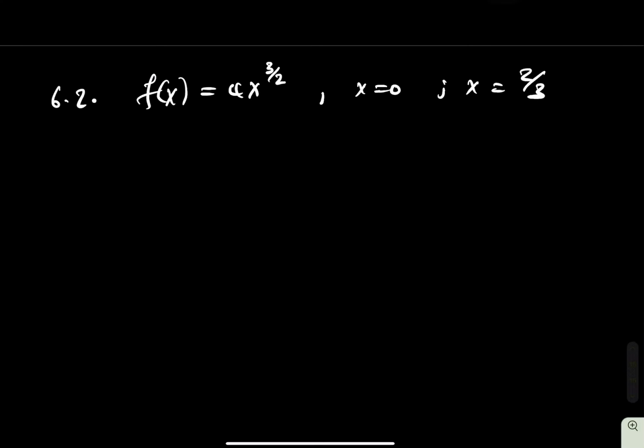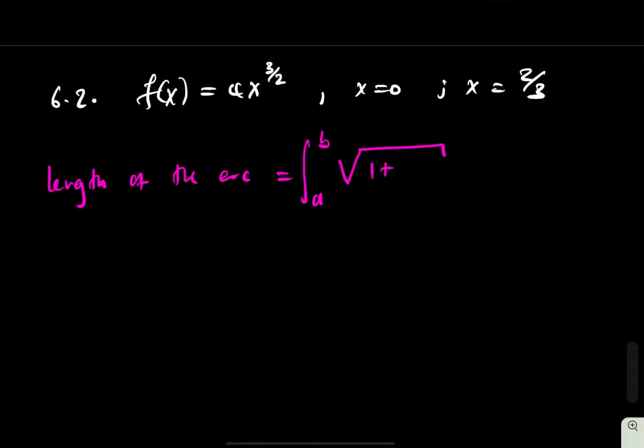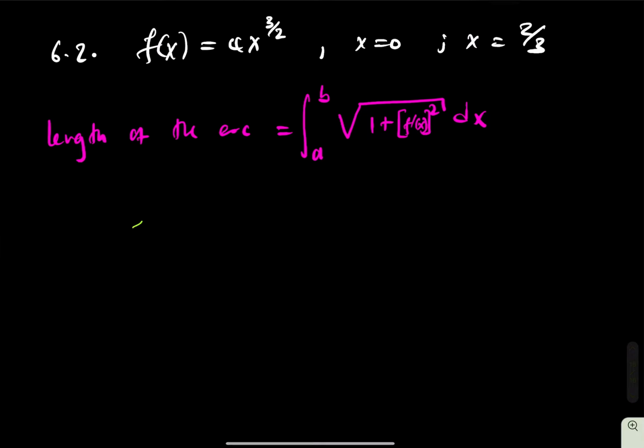So I'm going to say that the length of the arc is going to be found by the integral from a to b of the square root of 1 plus the derivative of the function squared dx, or you can say that that is s.